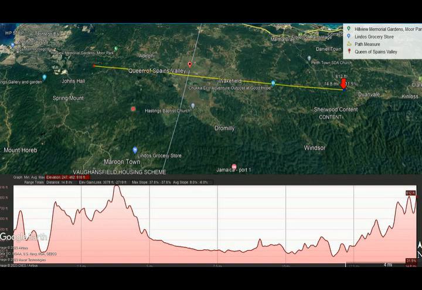So you have the highest points here, and then deep down you have a depression, and this is the depression we're talking about. So this depression is what we call the Queen of Spain Valley, otherwise known as a pulgey, or as I said, depending on the area that you are from, it is called a uvala for those people who are not of Caribbean heritage. Good. So that is a good example of a uvala or a pulgey in the Caribbean, the Queen of Spain Valley, right here in Jamaica.